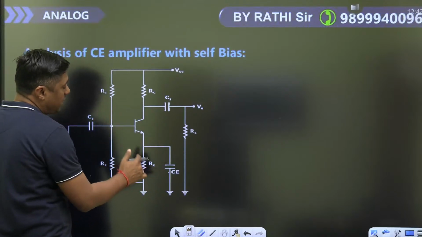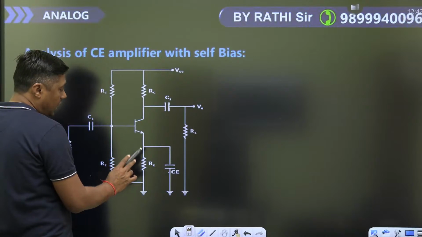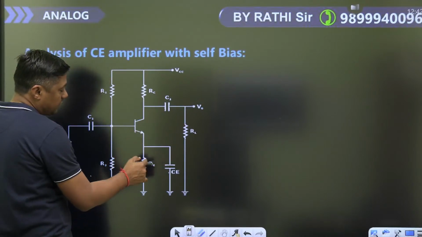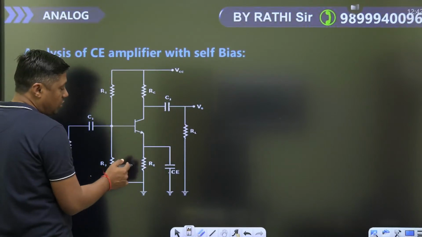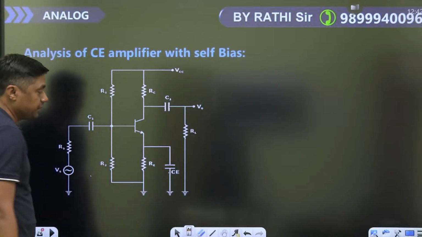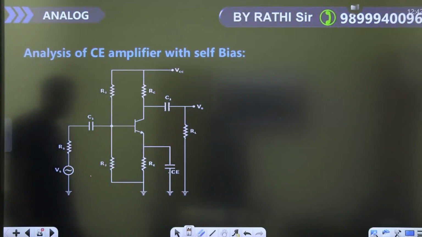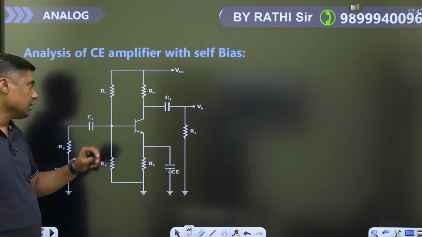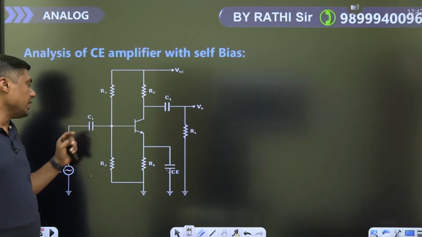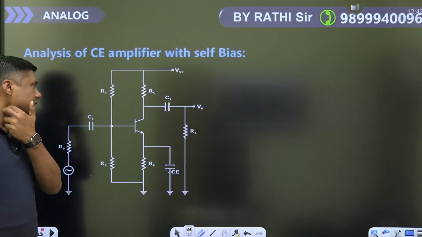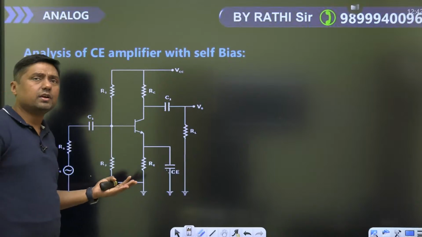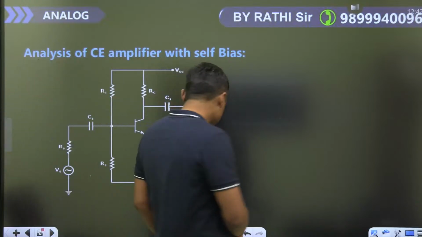If one capacitor is connected parallel to RE, this is called bypassed RE, bypassed emitter resistance. So at AC analysis, what will happen? This capacitor will act as a short circuit. So again, it is just like a fixed bias circuit. First of all, draw the model.